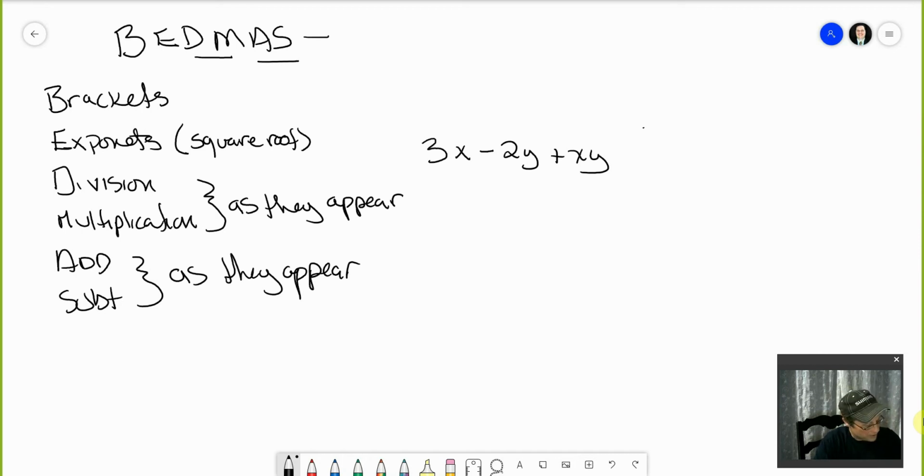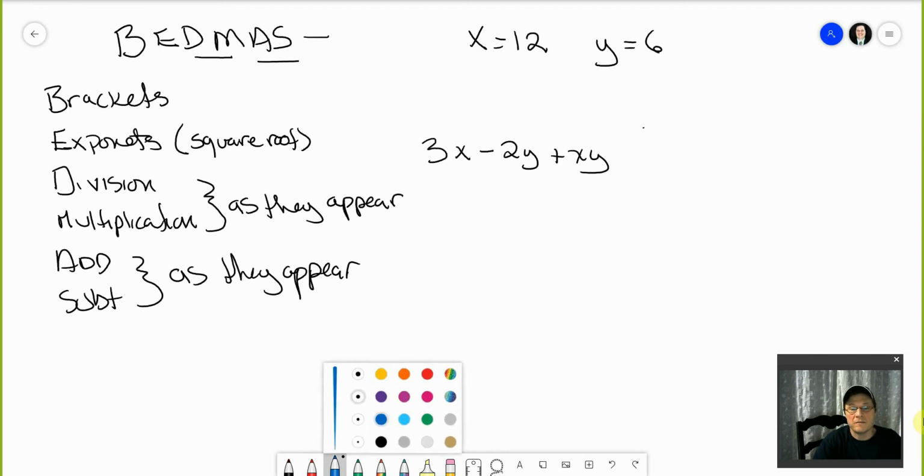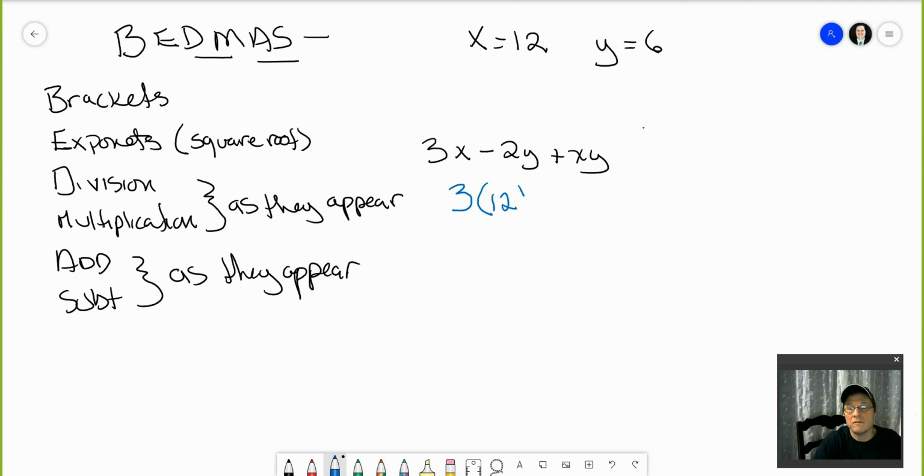In our example question, x has a value of 12 and y has a value of 6. So now we'll rewrite our equation and include the arithmetic numbers. So 3 times x means 3 times 12.